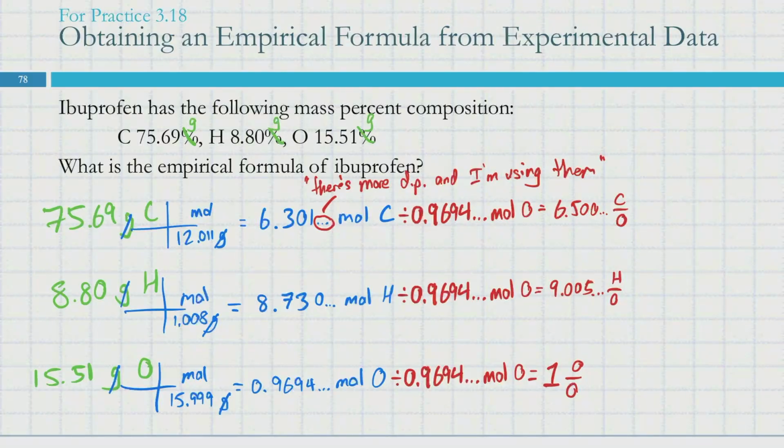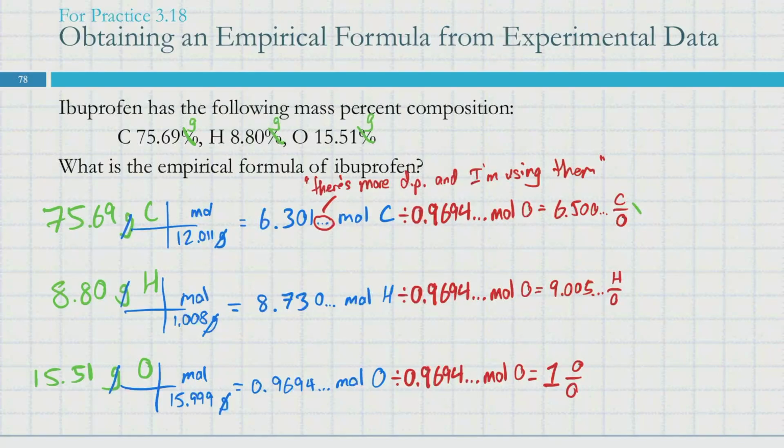So we can round this 6.5 with 2 zeros and then some other stuff after it, very close to 6.5. To get rid of the 0.5, what would we multiply by? 2. We multiply by 2 because 0.5 times 2 is 1. That gets us to a whole number. We also have to multiply all the rest of these. We can't have 6.5 atoms of carbon in a formula. You can't have a 0.5 for a subscript.